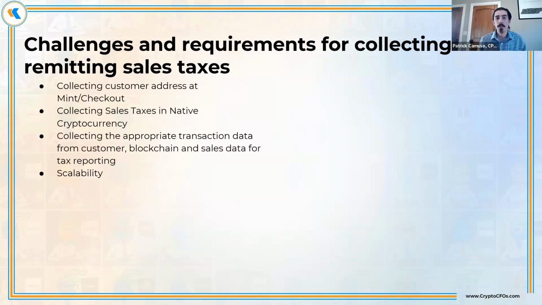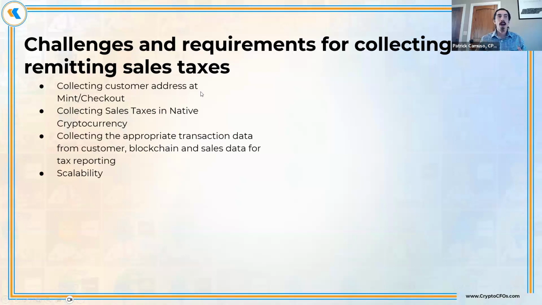And this is all going to have to be done in a native cryptocurrency. So now you're going to have to be calculating the tax in real time, converting it into whatever the native cryptocurrency is, such as Ethereum, and then collecting that tax in addition to the mint price. And then also managing those tax liabilities on the back end and hopefully not exposing them to volatility risk by holding them in whatever asset that you're collecting.